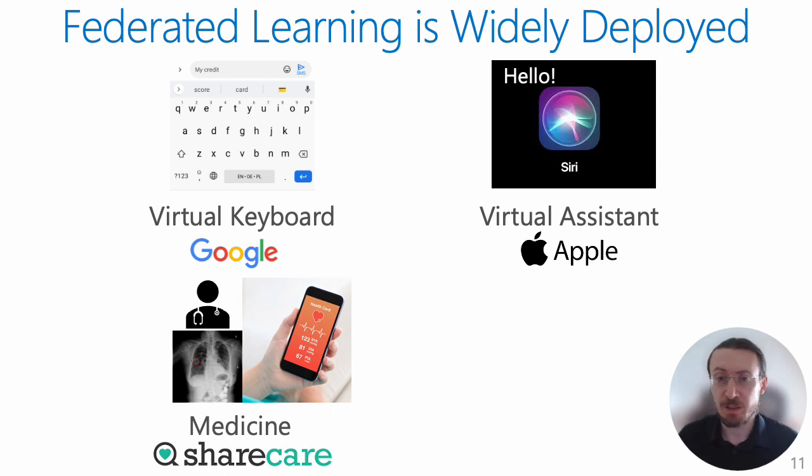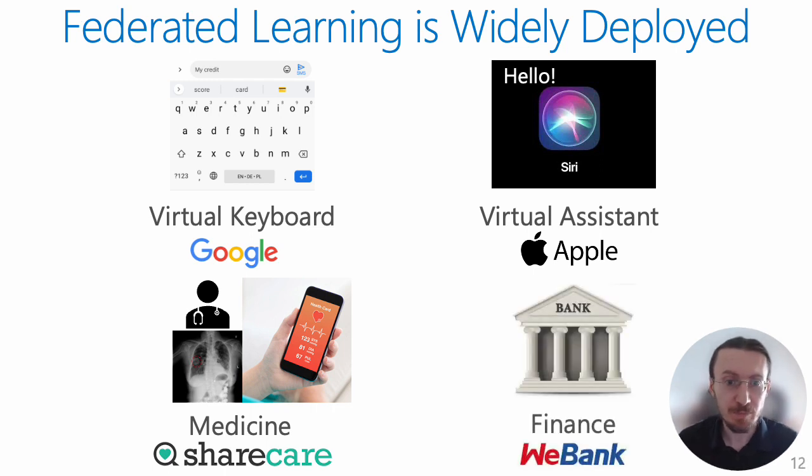The healthcare domain can take advantage of the abundance of data collected on our smartphones about our heart rate, step count, or activity type, such as our workouts. Finally, collaborative learning is used in the financial domain to train models for fraud detection or loan application decisions.